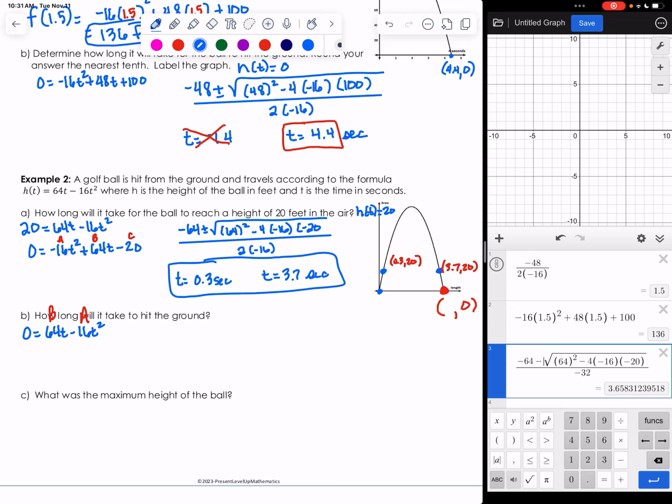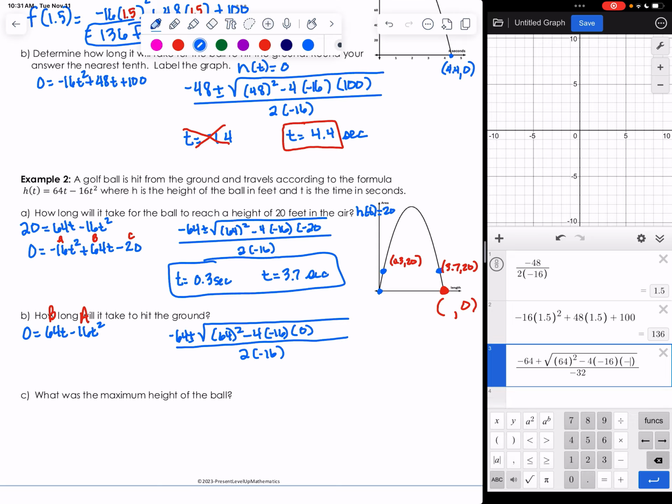So the opposite of B would be negative 64 plus or minus the square root of 64 squared minus 4 times negative 16 times 0 all over 2 times negative 16. Now let's edit our problem over here. Negative 64 is fine. I'll change that minus to a plus so we can do the plus part first. 64 squared. Oh, I just need to change this negative 20 to a 0. The negative 32 on the bottom.